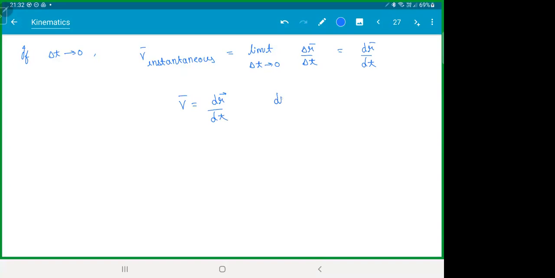And what is the direction here? The direction of instantaneous velocity v bar is tangential to the path. Whereas the direction of average velocity is in the direction of displacement. Let me give an example.